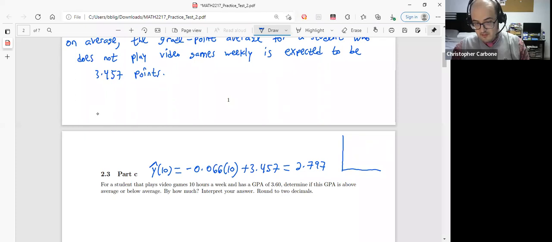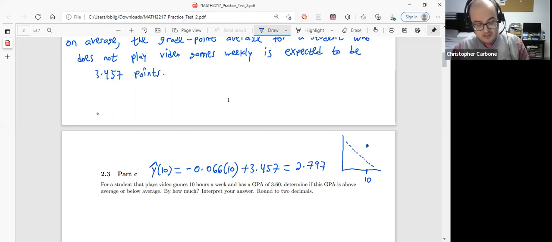So you could picture it, right, with a negative slope. This line would be, for example, decreasing. And 10 hours, let's say that was over here. The data point that this is describing would be something above here, right? So this line would be our average line, and this point's above it, right?